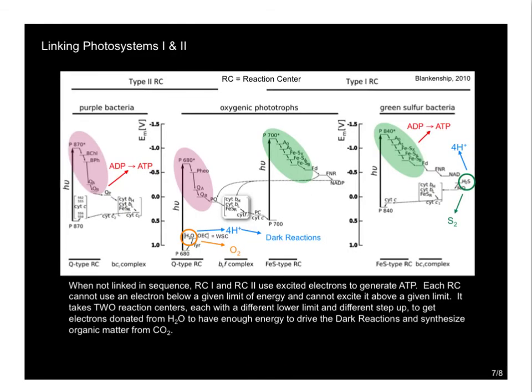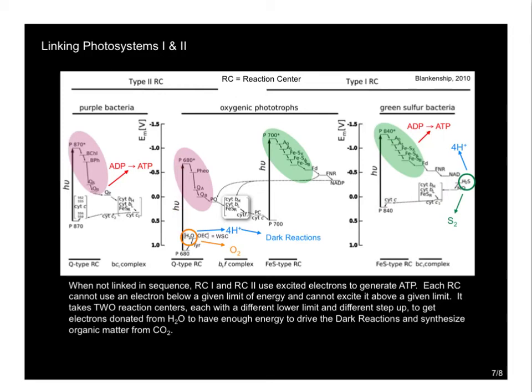Okay, this slide compares the two photosystems I've shown you before, type 2 and type 1, with the combination of the two that's used in oxygenic photosynthesis in the middle. All right, now, remember, chlorophyll can absorb a photon of light, which allows it to shift to a higher position on the tower of power. That's all of these vertical up arrows.